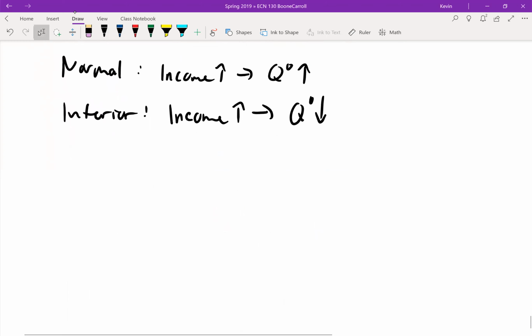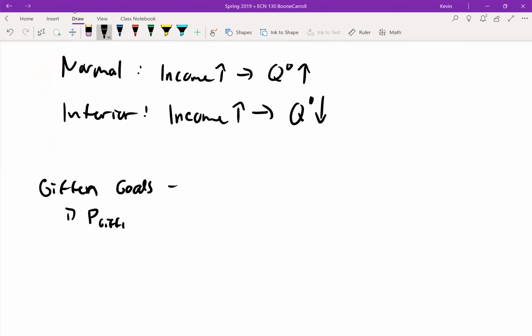The last type of good that we ran into is a type of inferior good, which is the Giffen good. These are goods with 2 things. One, as the price of a Giffen good increases, the quantity demanded of the Giffen good will also increase.